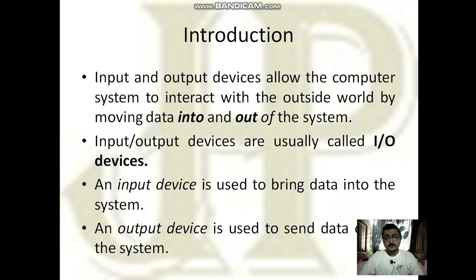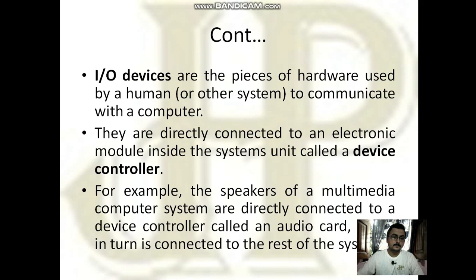Those devices that are used to bring data into the system are known as input devices, while those devices that are used to send data from the system are known as output devices. Clear?